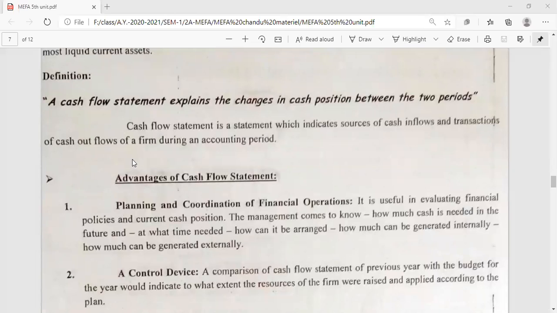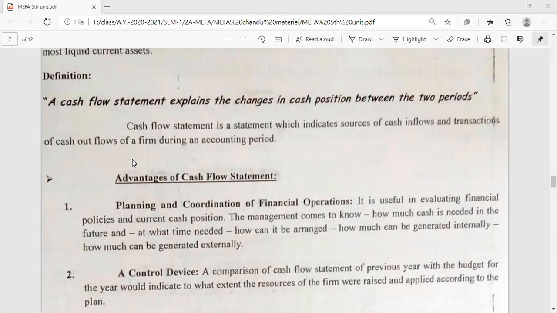The management comes to know how much cash is needed in the future, at what time it is needed, how it can be arranged, and how much can be generated internally and how much externally.